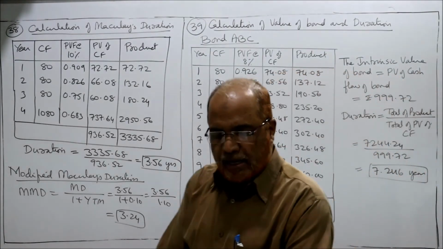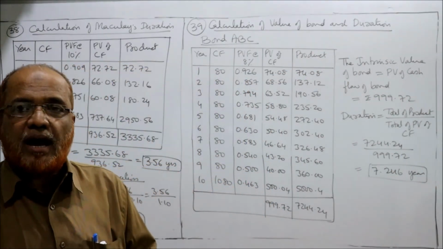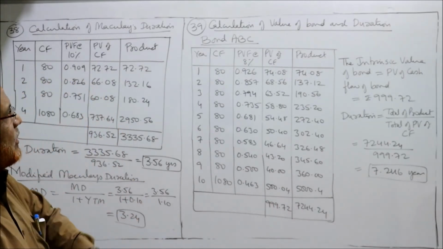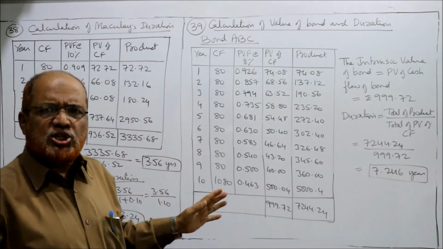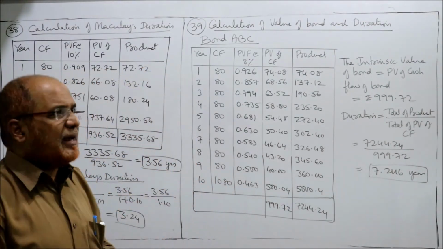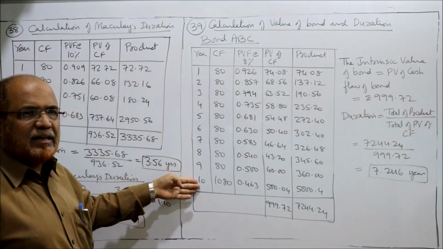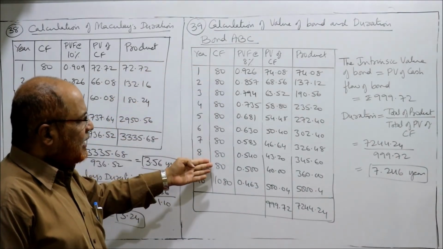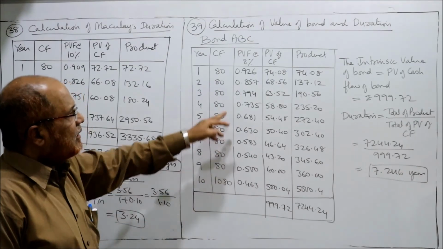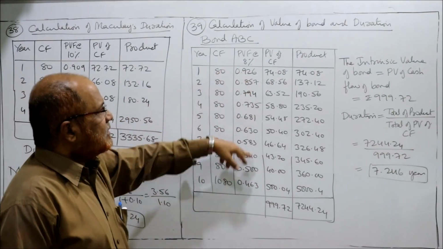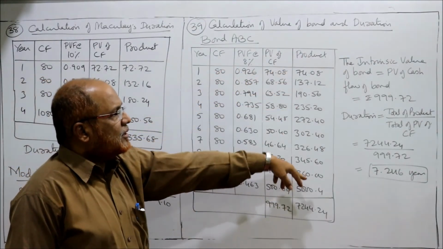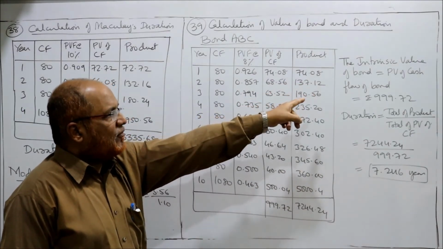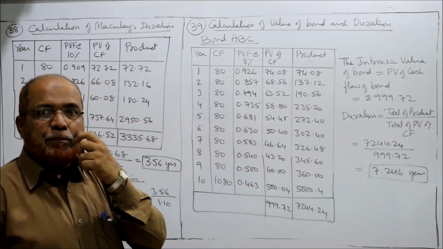So it is asking you to calculate the present value of the bond and the duration. Same procedure, there is no change at all. Only practice. Year 1, 2, 3, 4, 10 years is given. Cash flow every year, last year 1080. PV factors at 8%. Multiply to get PV and product.